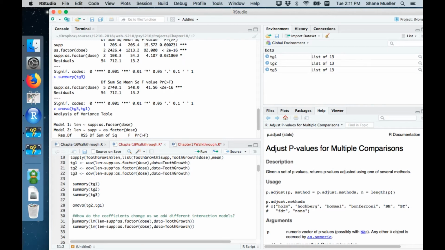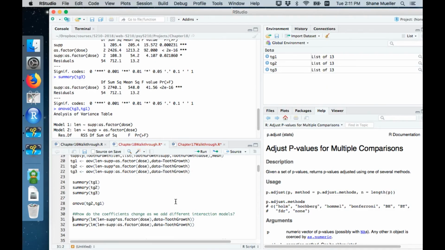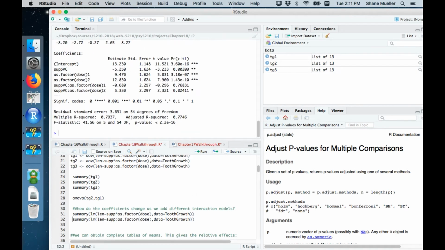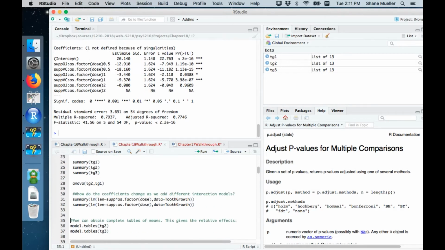We could build this into the model, so we could ask to do a summary of the regression model as you have these pieces versus these pieces, so just the times versus the colon.